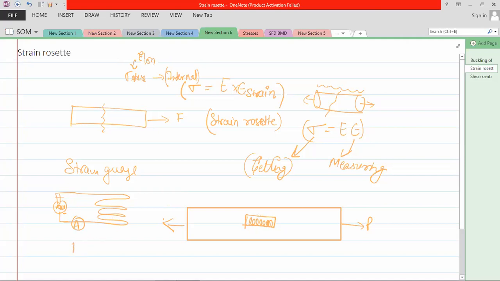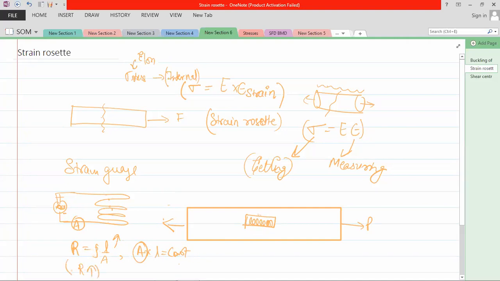Resistance is equal to rho L by A, and the volume of the material, A into L, is constant. Now if you apply a load, the length will increase, and that leads to an increase in resistance. Since volume is constant, the area will decrease across the cross section of the wire, which also tends to increase the resistance.